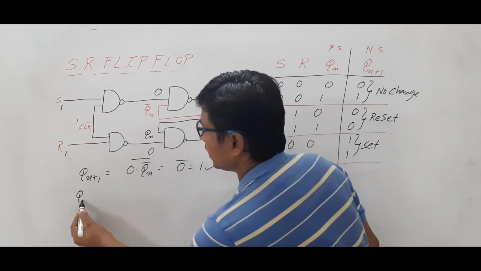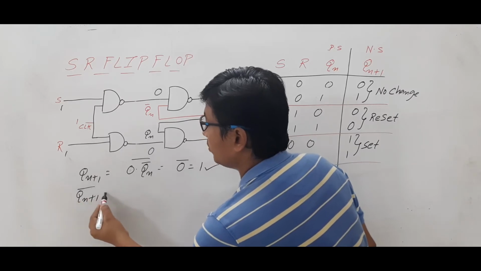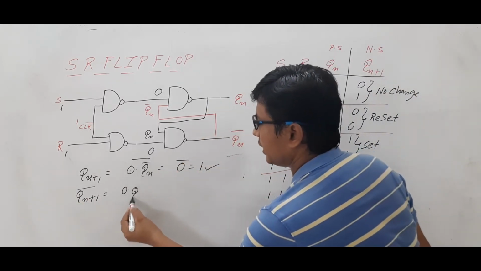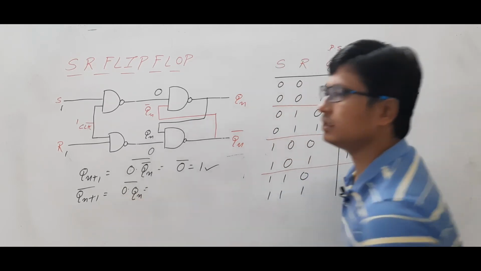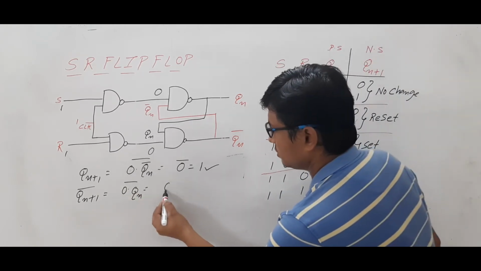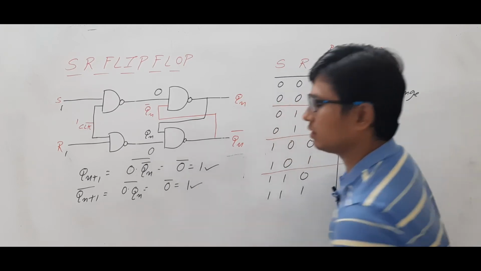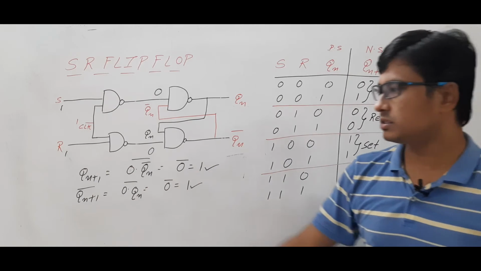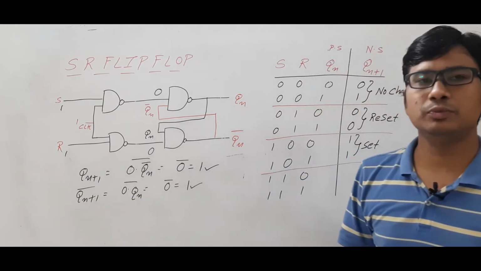Now Qn plus 1 complement is again 0 and Qn complement, which is 0 complement, equal to 1. Now if you look at it, Qn plus 1 is producing 1. Similarly, Qn plus 1 complement is also producing 1.